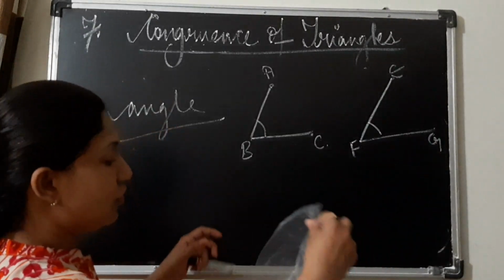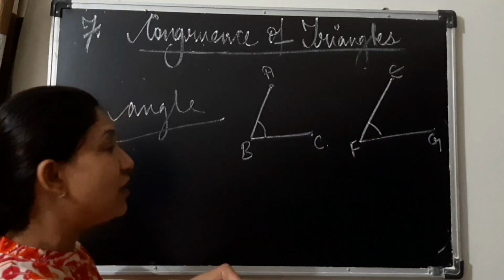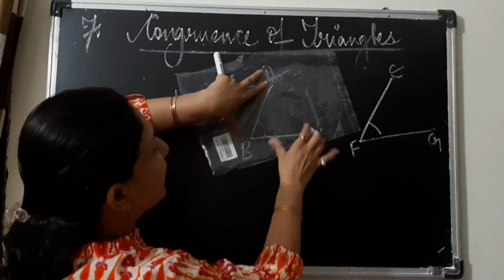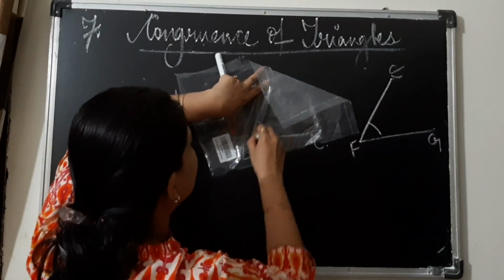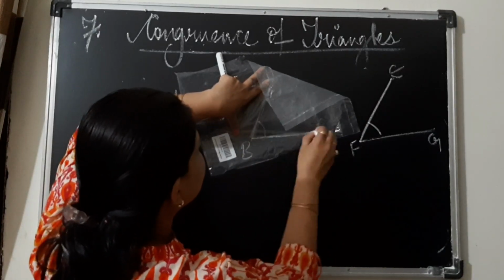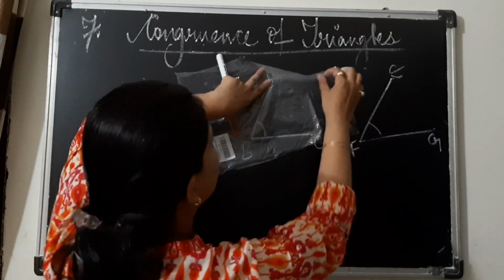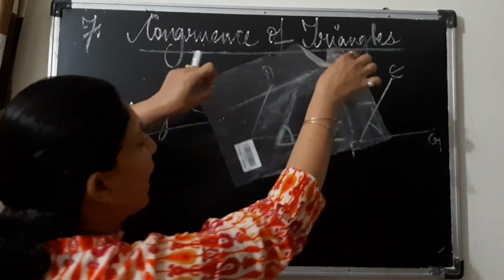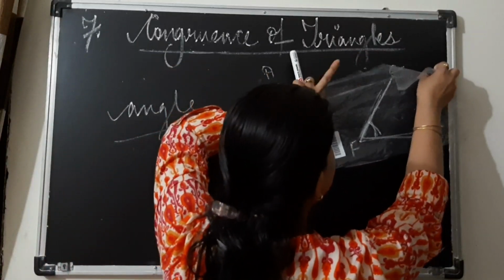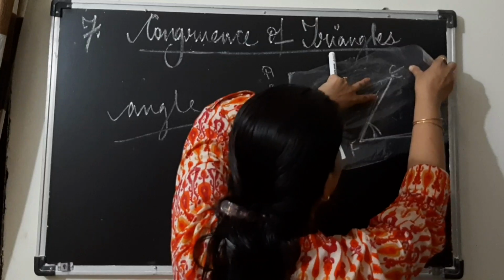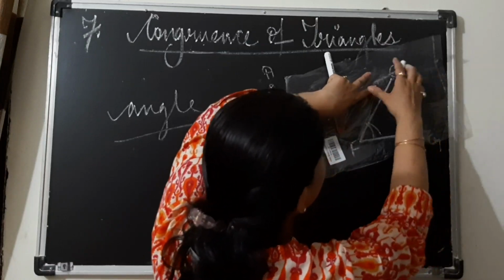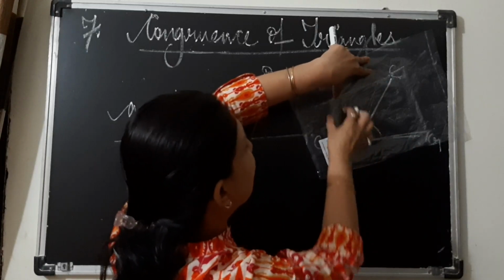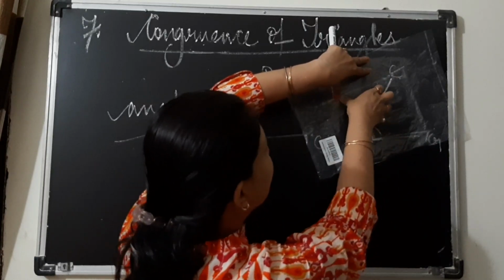So for this also, we will again take the tracing paper and place it on one angle and mark the angle. I will take the trace copy of angle B and now I will gently place it over the other angle. Can you see? Yes. And what you have to do? You have to paste Fevistick on the margin and you will paste it.